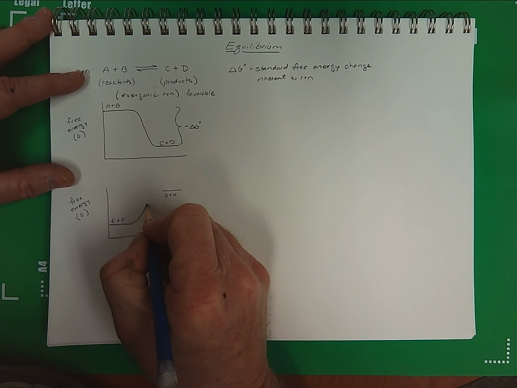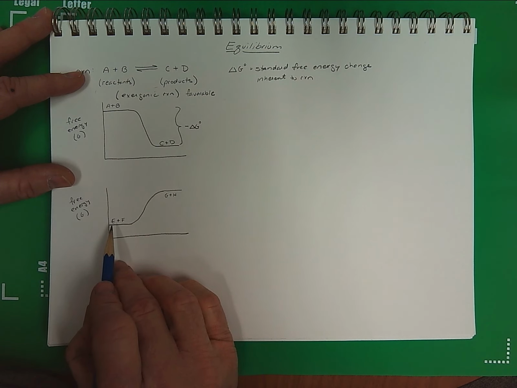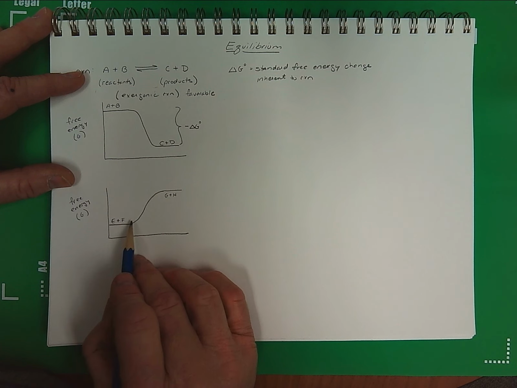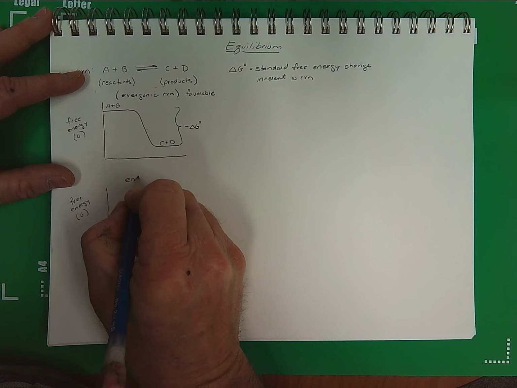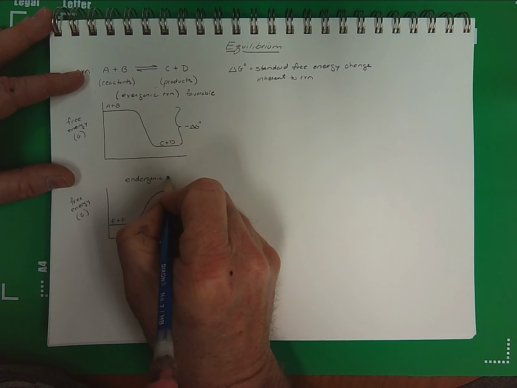This means that in order for this reaction to proceed in the direction from E plus F to G plus H, we are going to have to put energy into the system. This is an endergonic reaction.